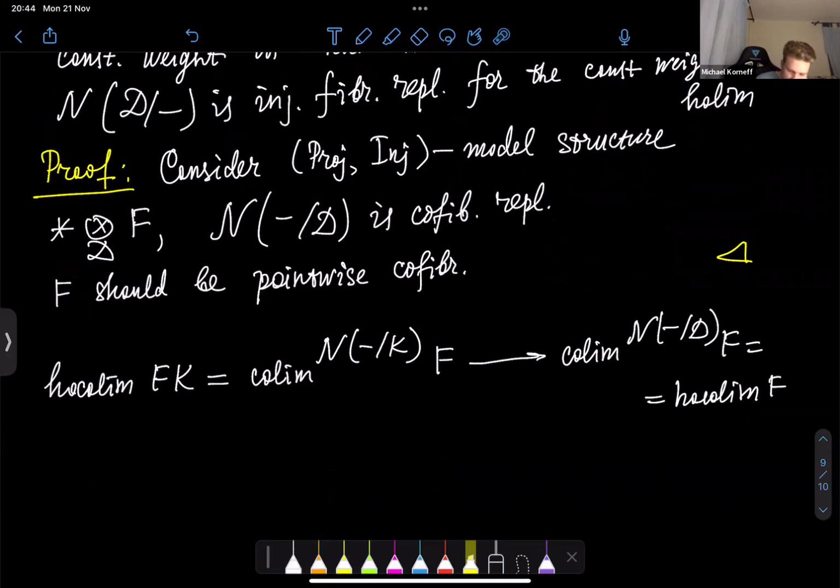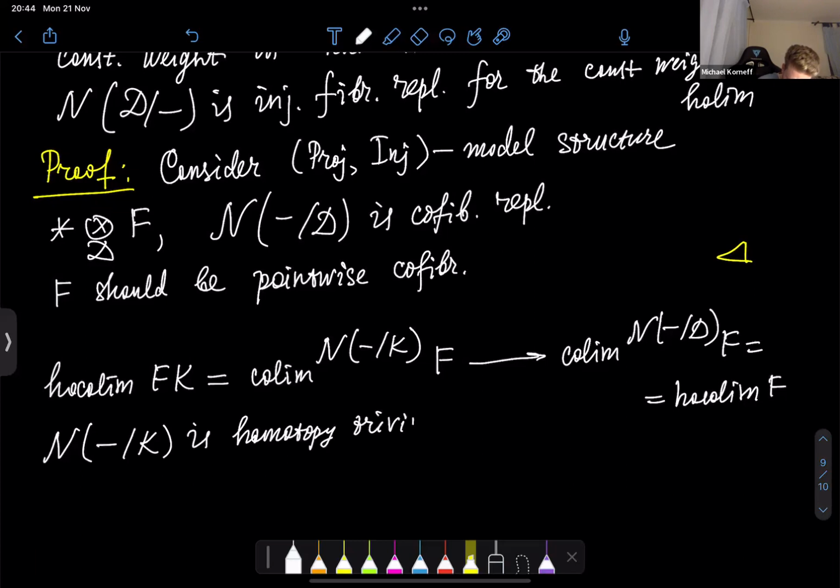So we know that this one is homotopy trivial if we suppose that K is a homotopy final functor.